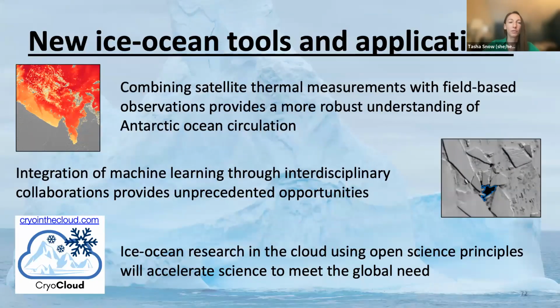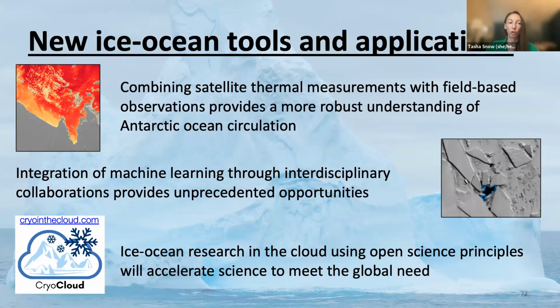So with that, just to summarize, I've shown you how we can use field observations and satellite observations, fuse those together to better understand ocean circulation in Antarctica, new kinds of features that we haven't been able to study in this way before. We can answer these questions in different ways than we've ever been able to.